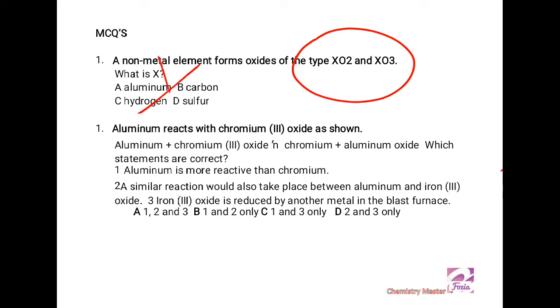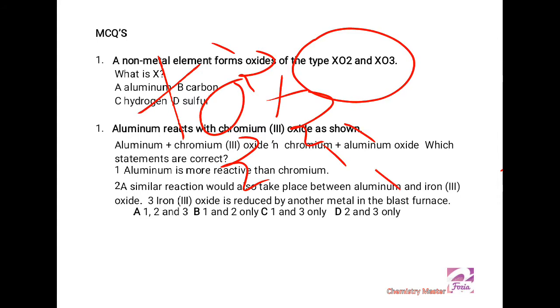If the element X is bonded to two oxygen atoms, each oxygen atom must be contributing -2 oxidation state, so the two must be having -4 oxidation state on them. So this X must be in +4 state. Similarly, in the molecule XO3, this X must be in its +6 state.